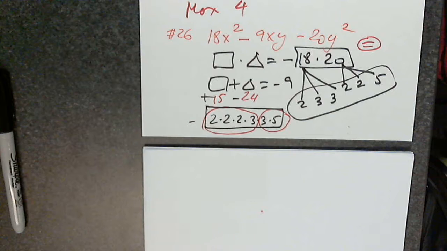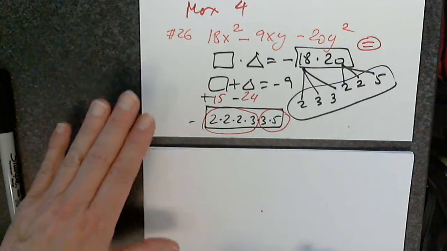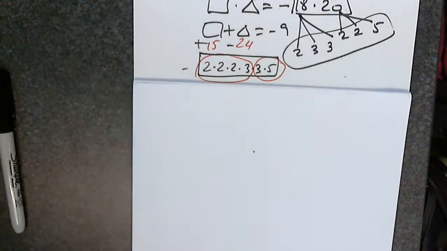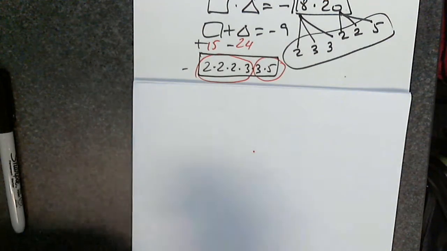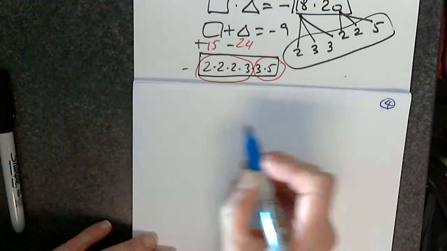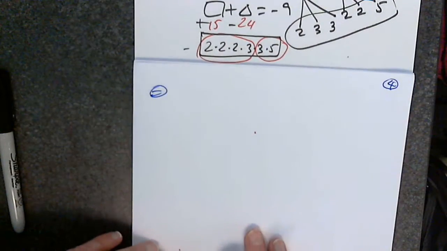I'm not writing it as 2 cubed, 3 squared, and 5, because that's more difficult to see, but just laying it out like that: 2, 2, 2, 3, 3, 5. And then, most likely, it will be easier to find the two numbers that you need. So can anyone dictate the new expression?